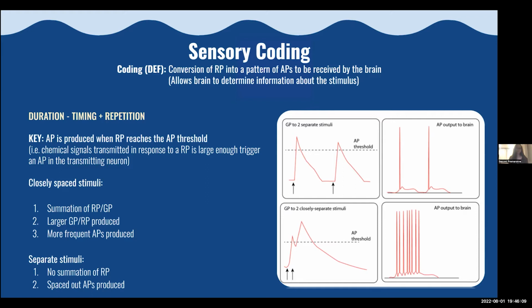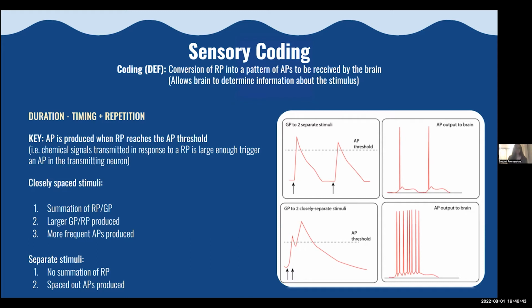So in closely spaced stimuli, you can see in the bottom left-hand picture, there is a summation of the receptor potential, because you have the first receptor potential going up, and before it can come back down, the stimulus triggers the receptor again, and you get another receptor potential being generated. So they add on to each other, and you get a larger total receptor potential, and that's going to increase the frequency of action potentials that come out.